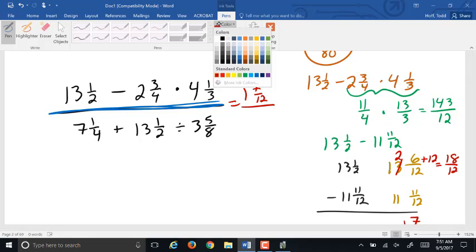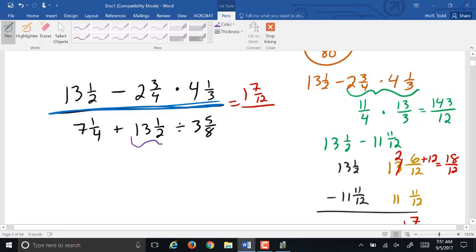On bottom, what do we have to do first? Division. So again, we've got to turn them into improper. 13 times 2 is 26, plus 1 is 27 halves. 3 times 8 is 24, plus 5 is 29 eighths. I'm going to write that off to the side because now I'm going to flip it over.